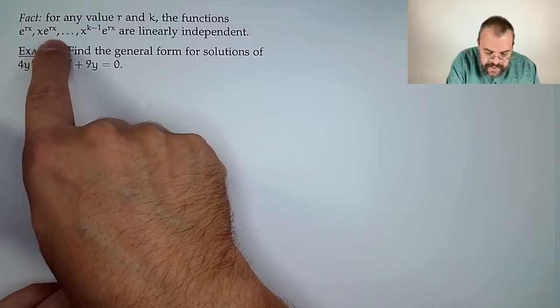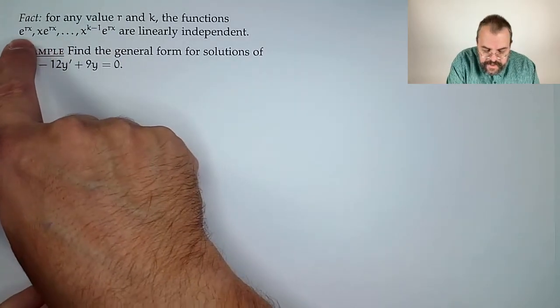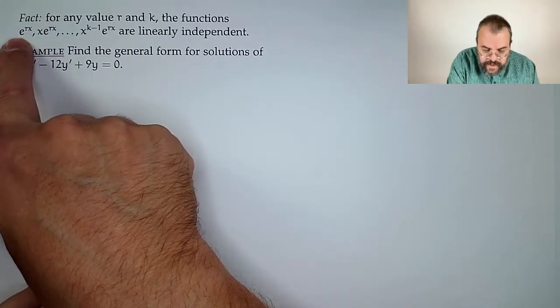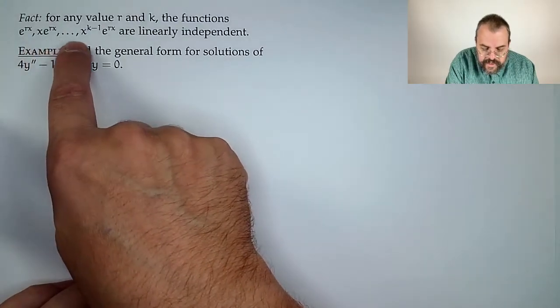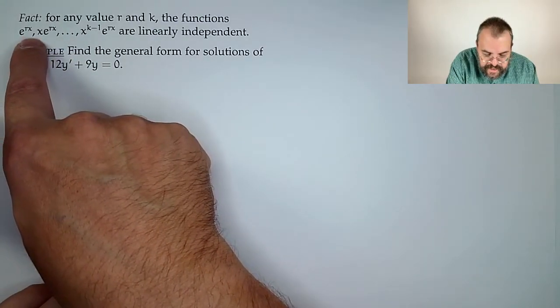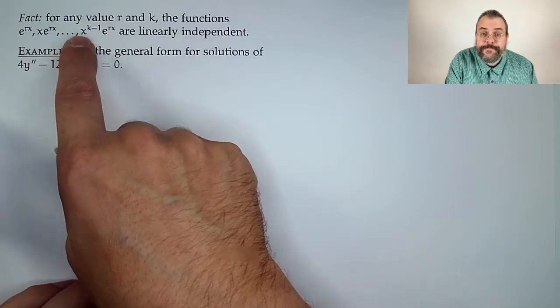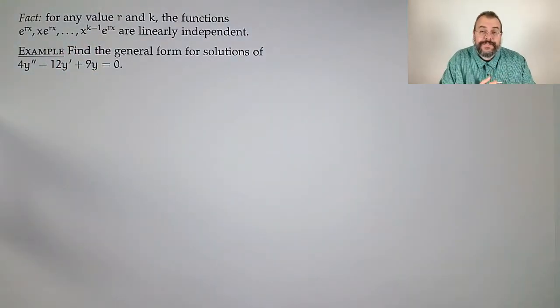They all have e to the rx in them, but the difference is what's in front. Here there's a 1, here there's an x. So you basically have different powers of x in front. And the punchline says those functions are linearly independent. Now, it's not too hard to show this.